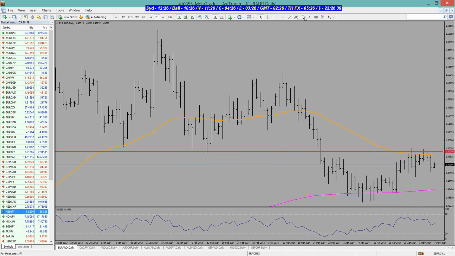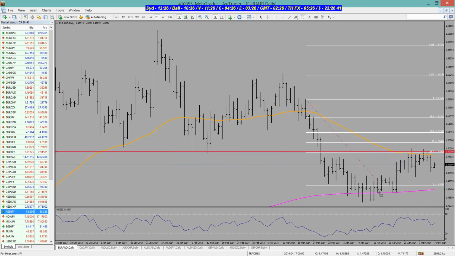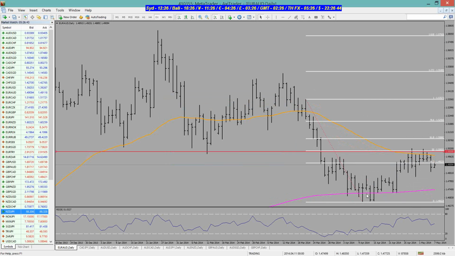You've got that resistance there, your fib, and similarly you've got class C hidden divergence from that high there, but 5 pips off. So that trade's similar to the Aussie Swiss trade, just upside down.